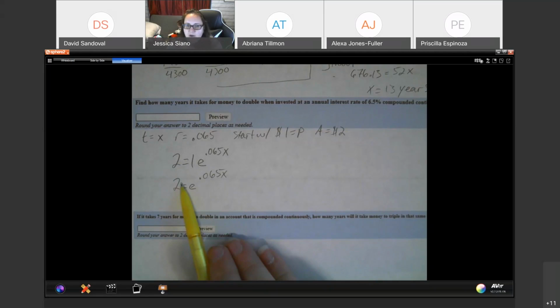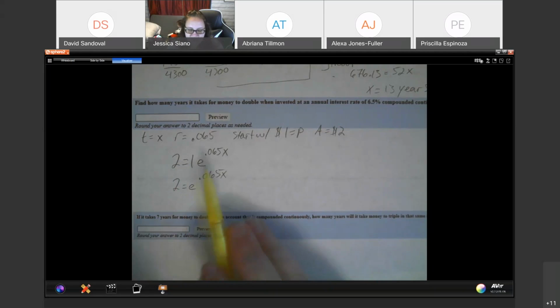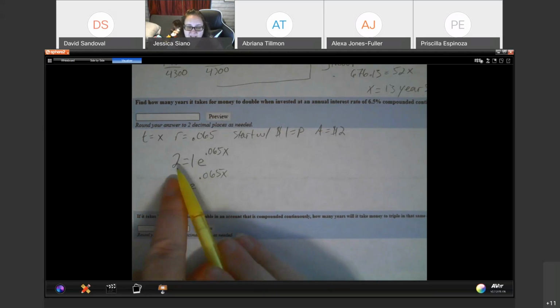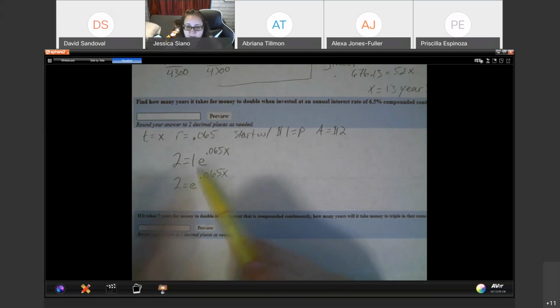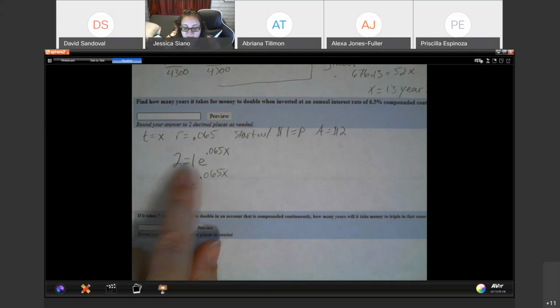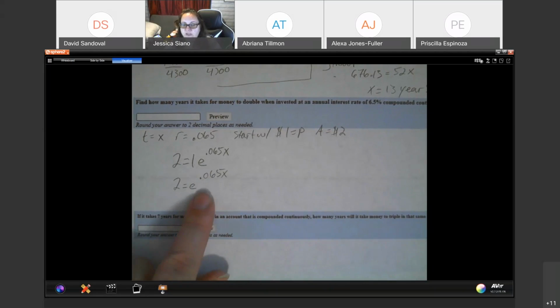So no matter what numbers, if I would have said P and 2P, I would have divided both sides by P, and I would have ended up with a 2 here. No matter what you plug in here, as long as you plug in double, this is where you're always going to end up. You're always going to end up with 2 equals, and then e to the 0.065x.